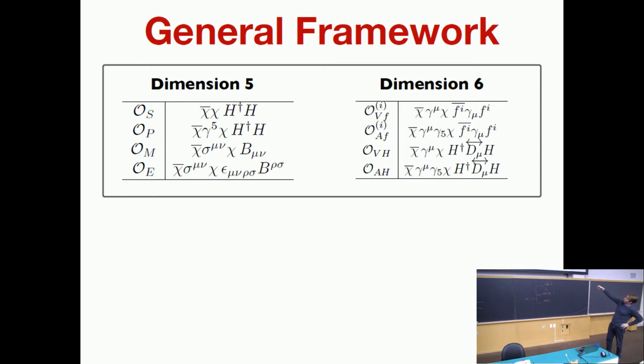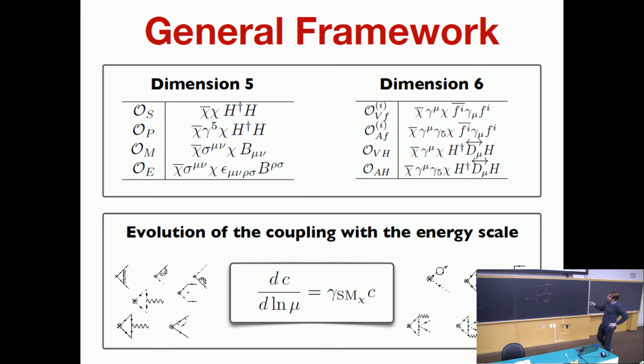So these are the operators at dimension 5 and at dimension 6, where chi is the dark matter. But don't worry about the details, just to tell you that we got all the operators. So we classified all of them, and we computed all loop diagrams like these ones that I sketch here in the figure.